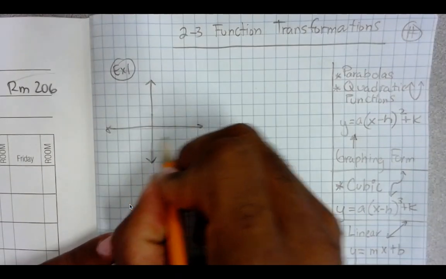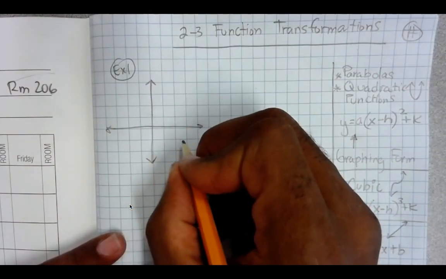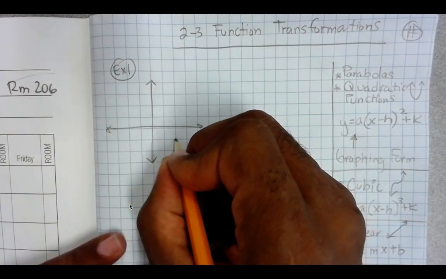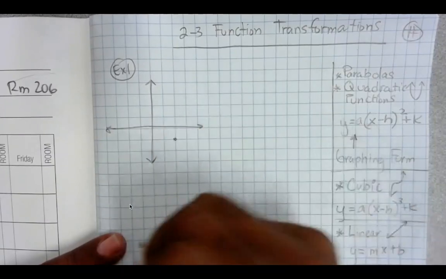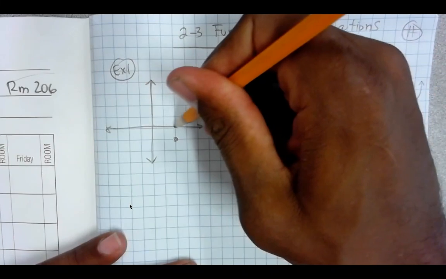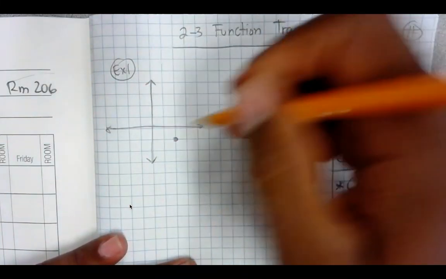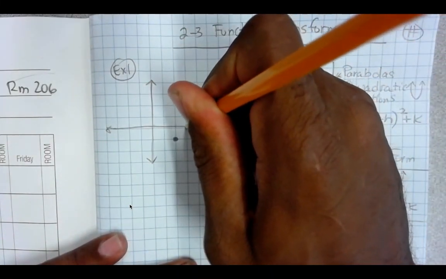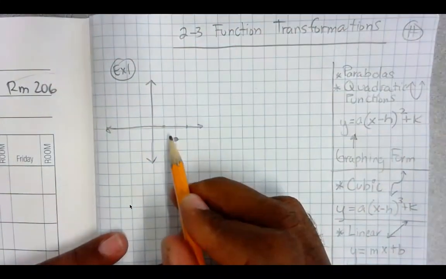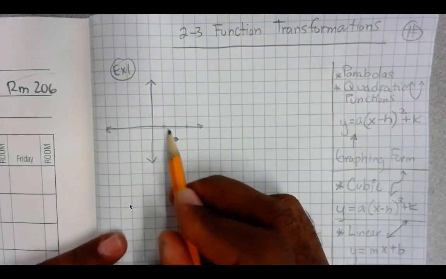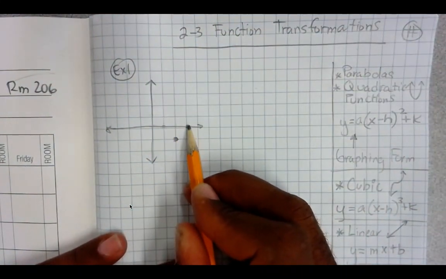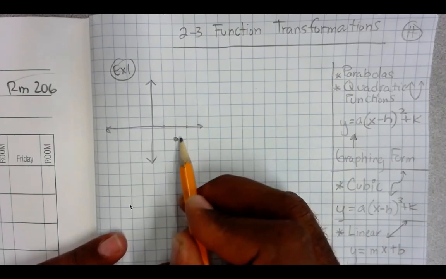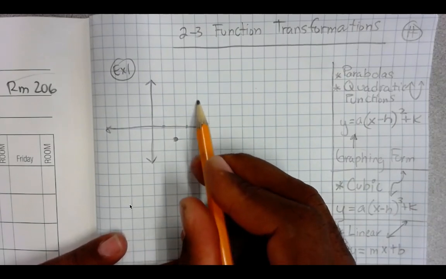I am going to put the vertex, the middle of the graph, right there. So it's going to be 2 units over and 1 unit down. Okay, so then I'm going to draw a point like this. I'll have a point here, and then I'm going to have my next point 2 over and up.